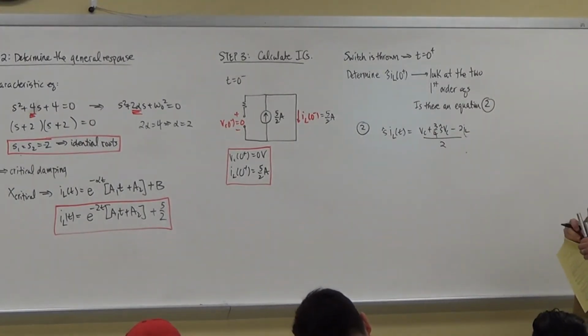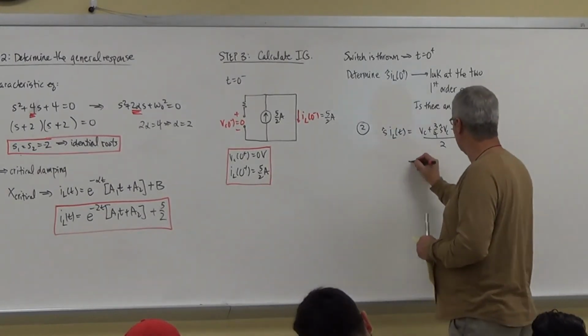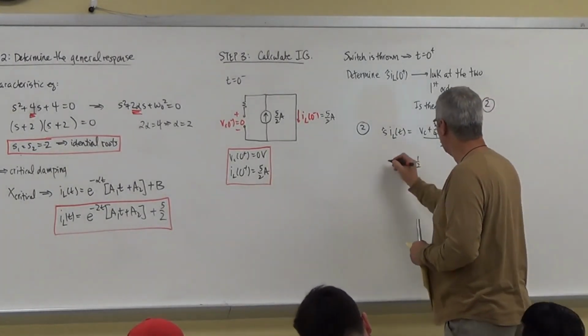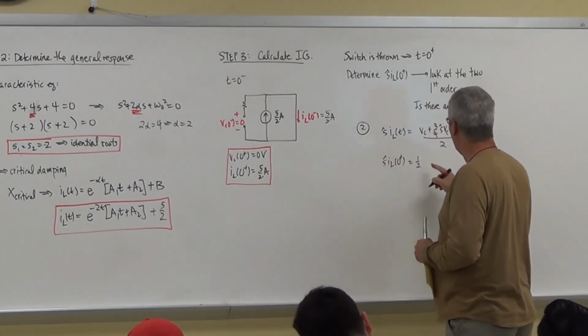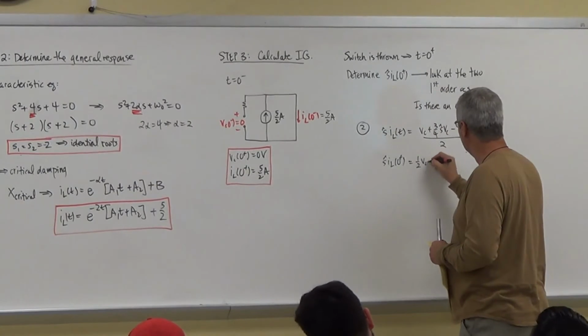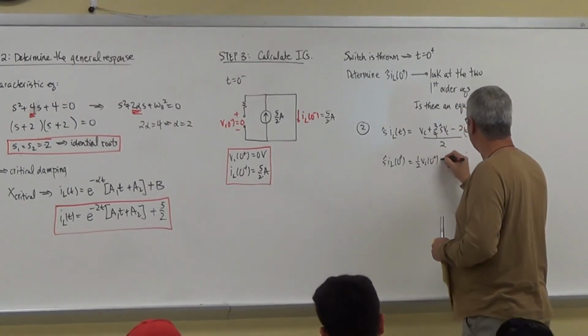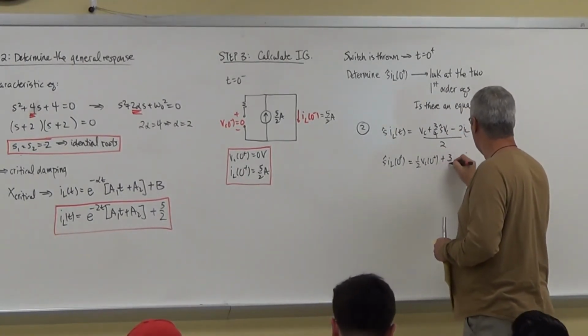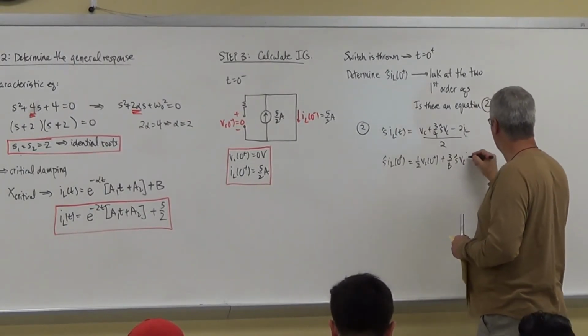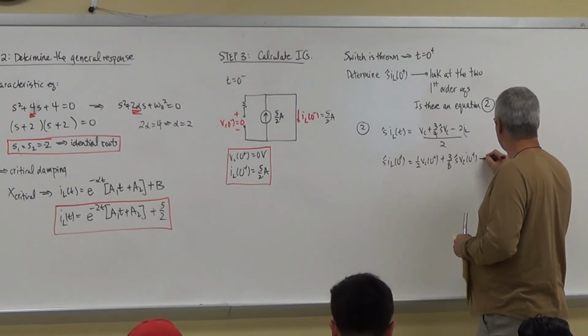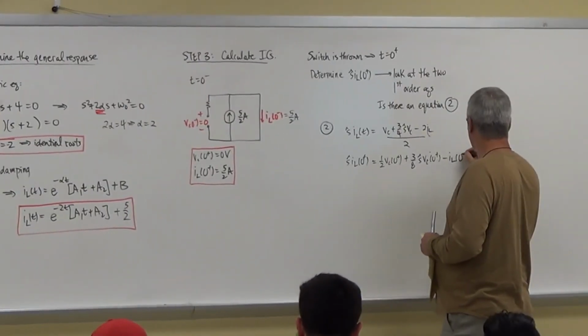Now, one of the things that should bother you a little bit here is that I've got 1/2. So if I look at S hat IL at 0 plus, it's going to be plus 3/8 S hat VC of 0 plus minus IL at 0 plus.